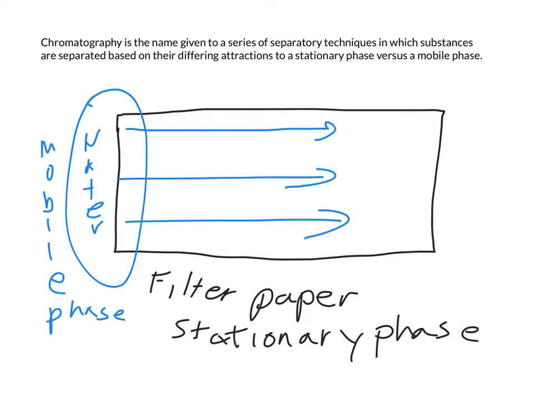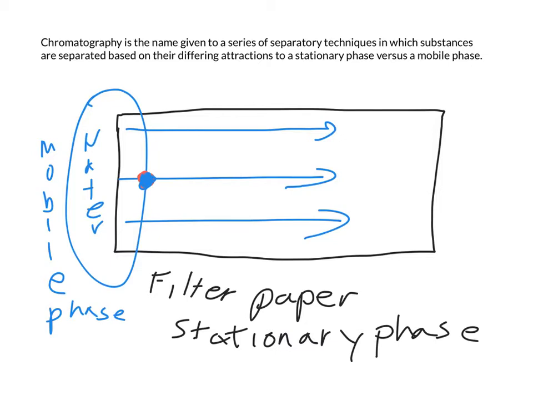Into this, you're going to add a couple analytes. You're going to add some copper, and you're going to add some iron salts. They will have different attractions for the water versus the filter paper.